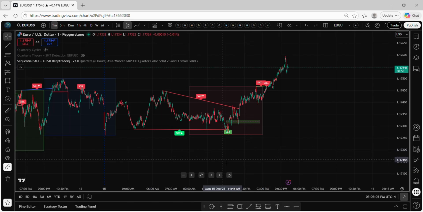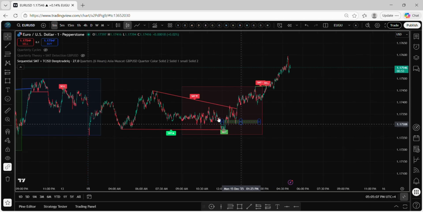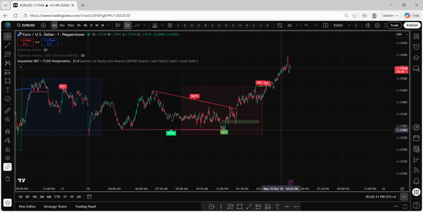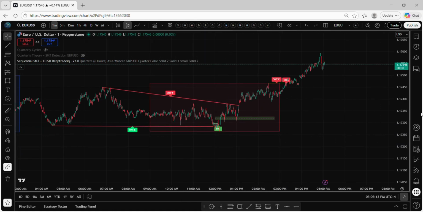So for the entry process, let me share today's setup, what we got today. Here is another setup, quarters.